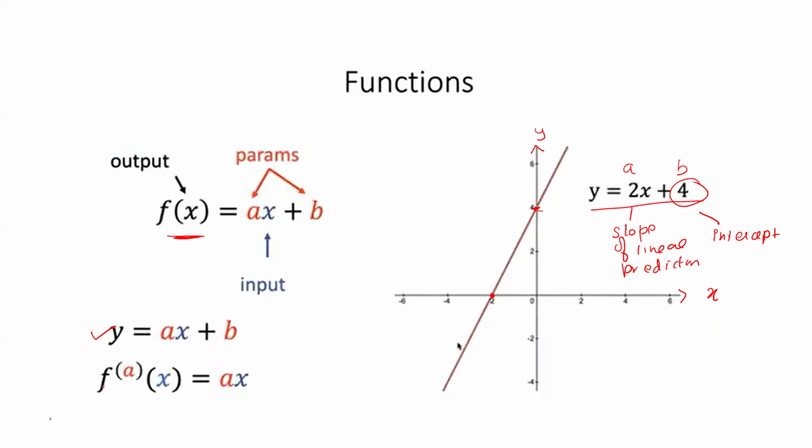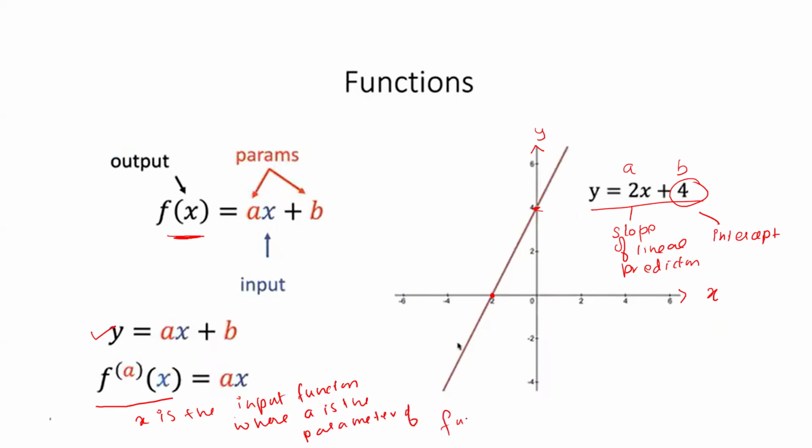Y can also be expressed as f of x of a, which is equal to ax. Here x is the input to the function, where a is the parameter of the function.